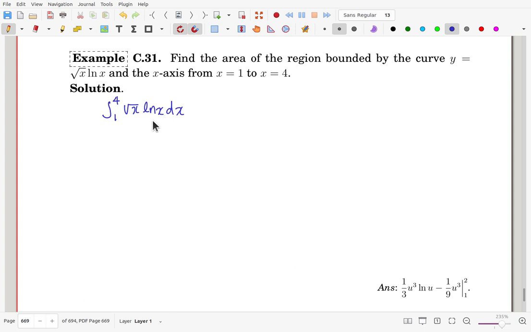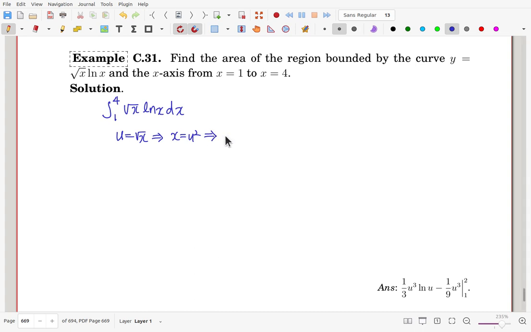Okay, so for that one, rather than square root of x, probably you may introduce a new variable u substitution, which is now square root of x. Okay, let's rewrite again. u equals square root of x. And then here, now x is u squared.